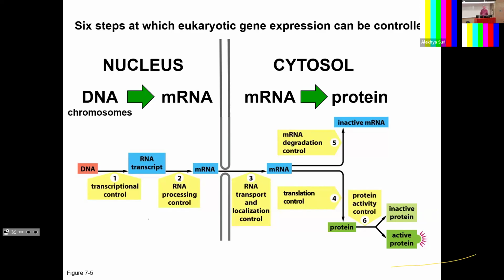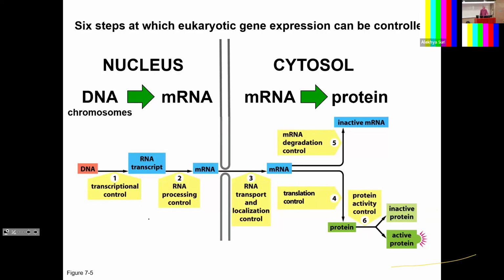When we talk about prokaryotic, it is more together, a continuous process. Transcription and translation happen basically not separated in space. So in the nucleus, DNA is transcribed to messenger RNA.